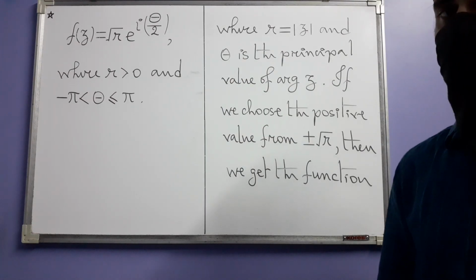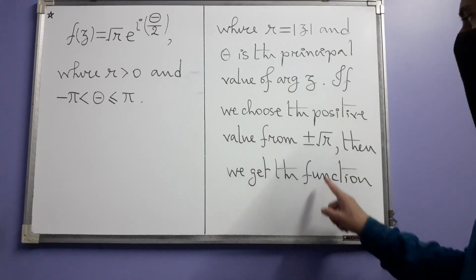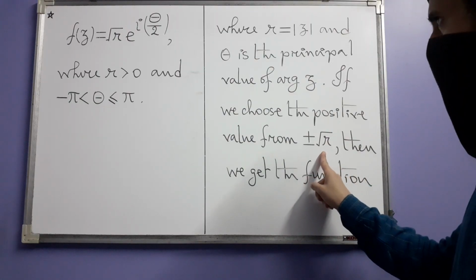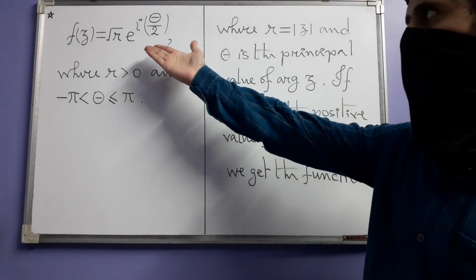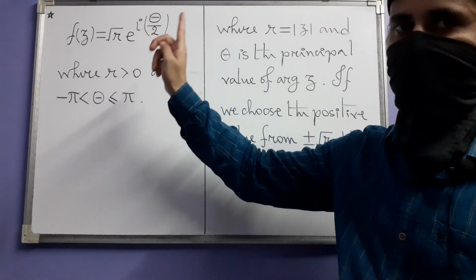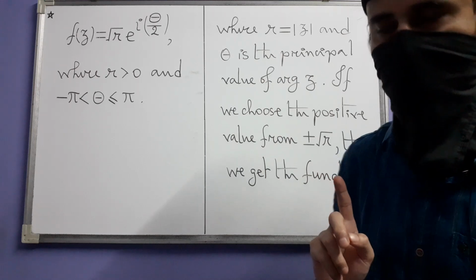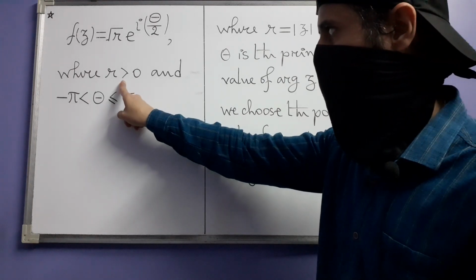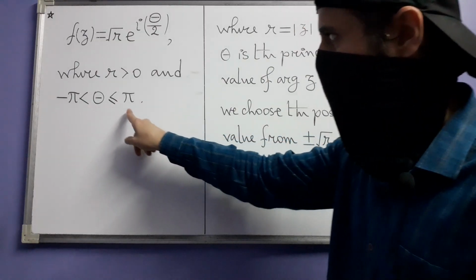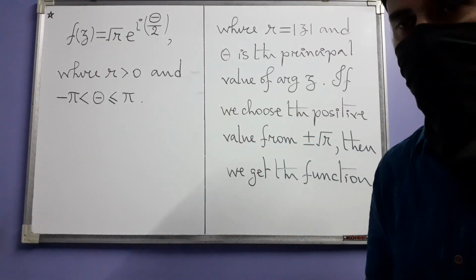Now from those two values, if you systematically choose only the positive square root of r, then you get this function. f of z equals square root of r times exponent of i times theta divided by 2, where r is positive and theta being the principal argument satisfies these inequalities.